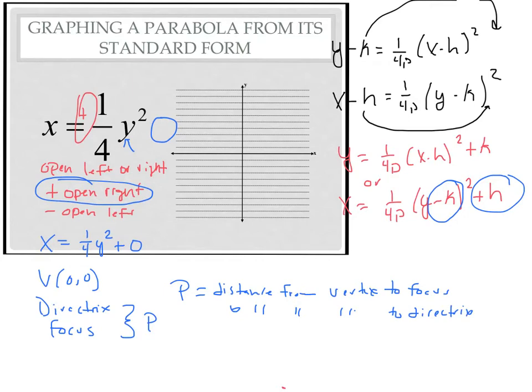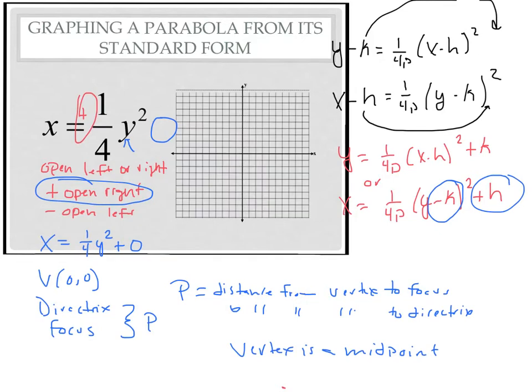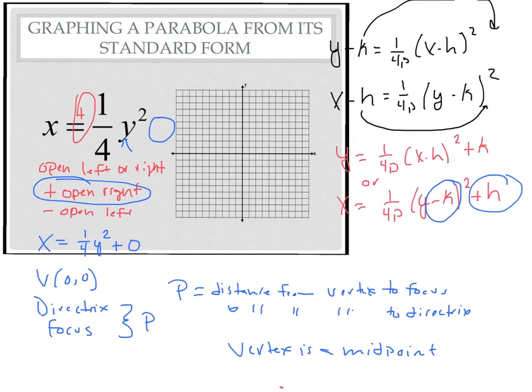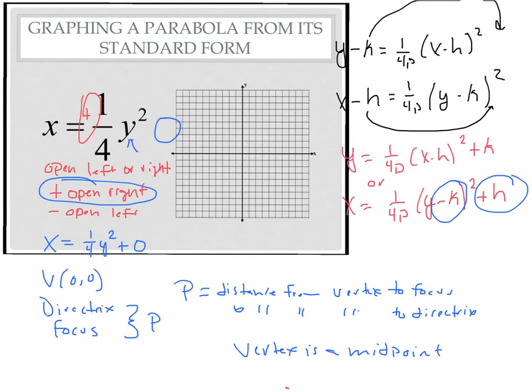And really, the vertex is a midpoint. So I'm going to use this standard equation, and I'm going to write it again. I'm going to move some of this stuff up. It's pretty busy here, so let me clean this up a little bit.